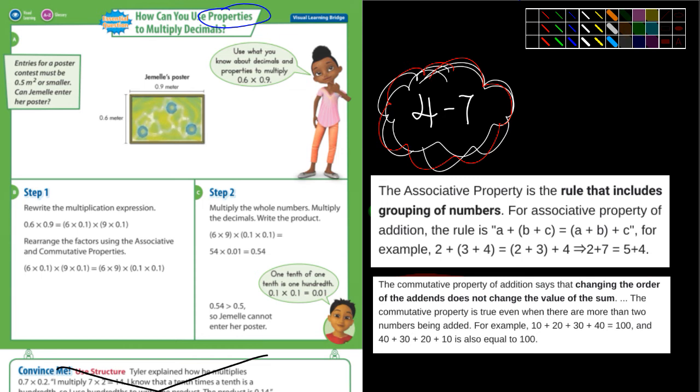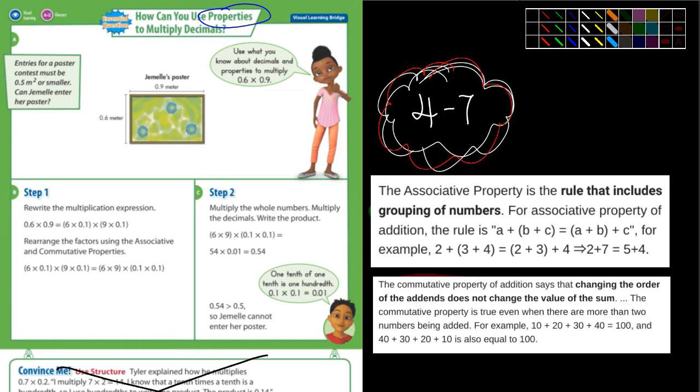So, what I would do somewhere in your book, and I'm looking at one here, maybe you could squeeze it in this area here, and you got some area here. Just write associative property and then grouping of numbers or parentheses.